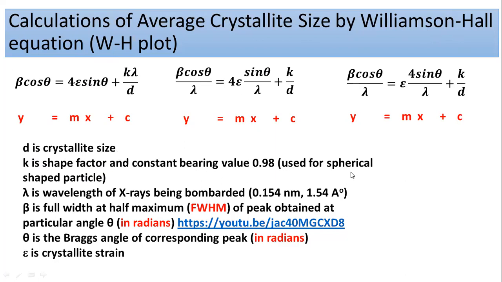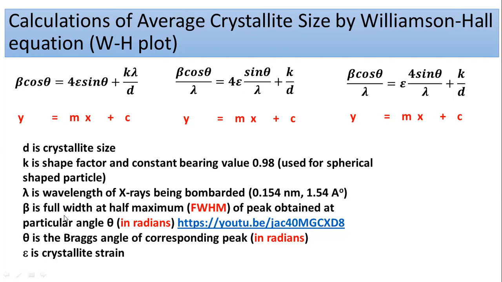And this is basically for the spherical shaped particle. And lambda is the wavelength of the X-ray source being used for the diffraction data, and its value is 0.154 nanometer or in angstrom.